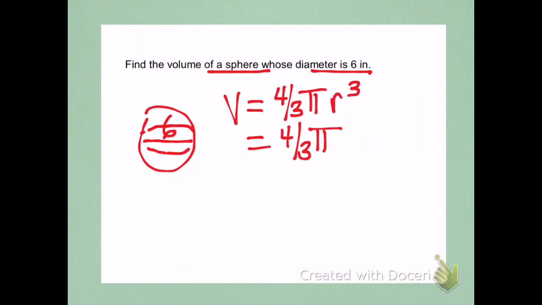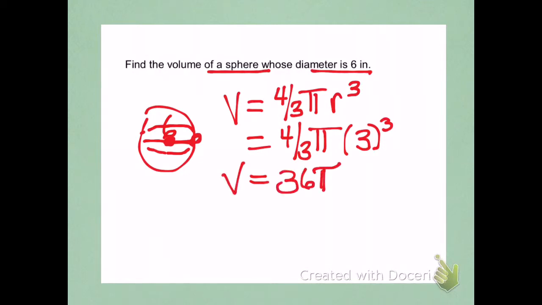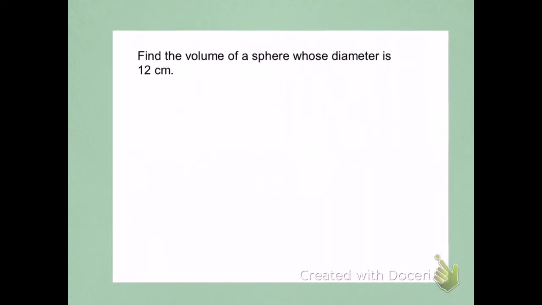I know my radius starts in the middle of the circle and goes to the outside, so that would be half of 6, which is 3. If I put that into my calculator, 4/3 times pi times 3 to the third power, my answer is 36 pi. So the volume of the sphere is 36 pi. Now you work this one.